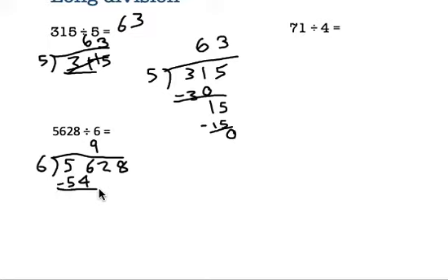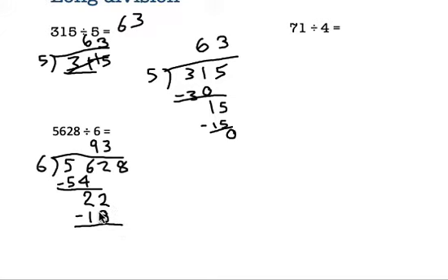I'll take that away to see how much I have left over. I've got 2 left over now. I drop down that 2. Right, how many 6s do I have in 22? I've got 3 6s in 22. Okay, and 3 times 6 is 18. So that's it.